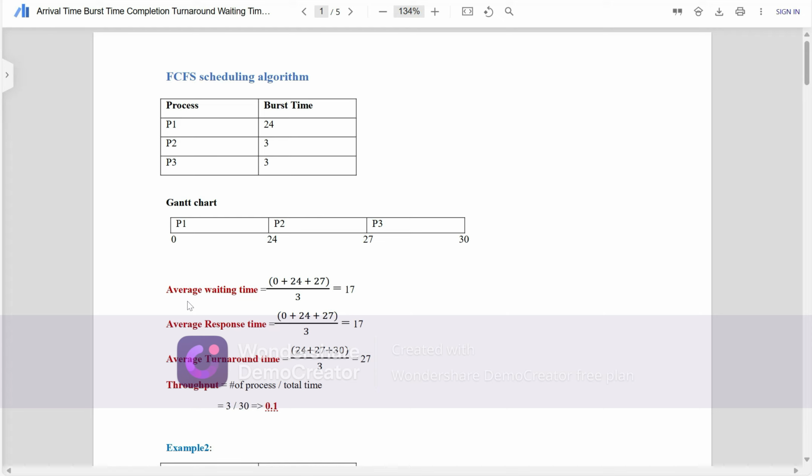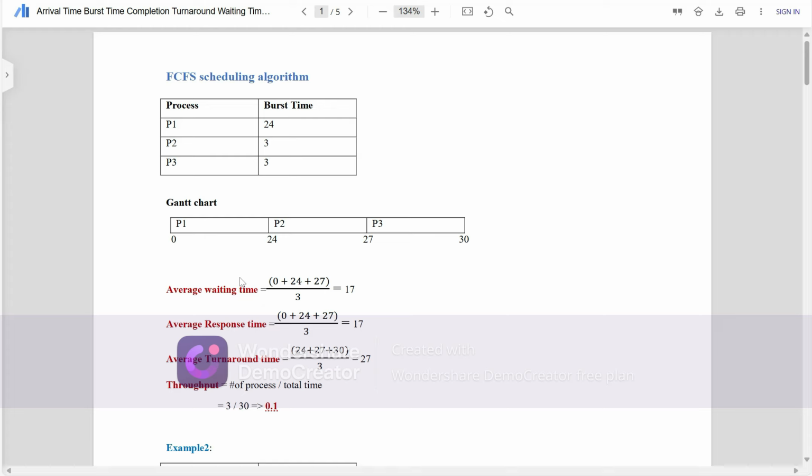In order to find the average waiting time of the processes, that is P1, P2, and P3, first we have to find the waiting time of each process.